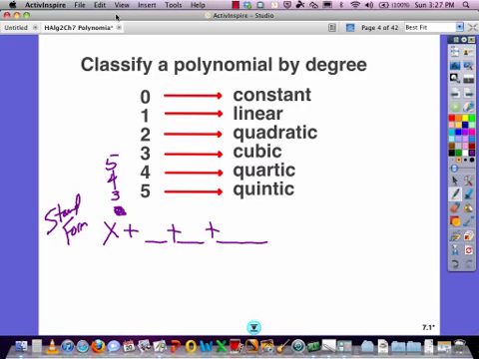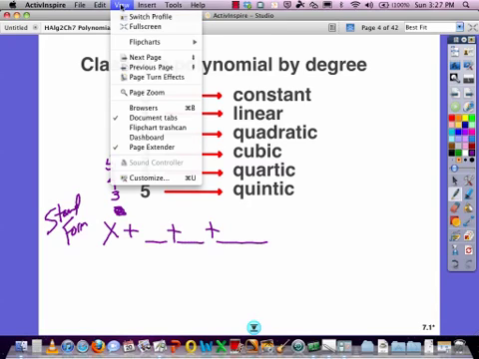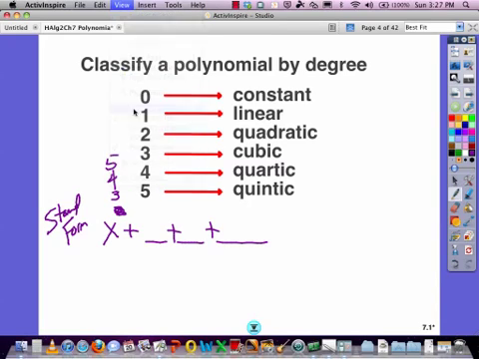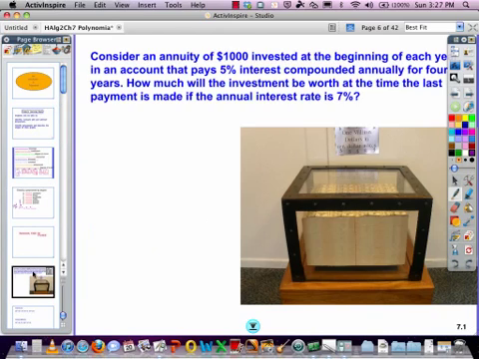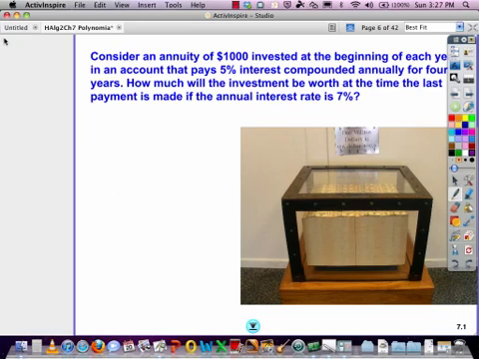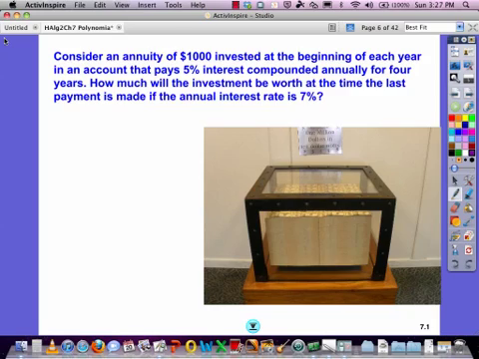We will be doing some adding, subtracting, different combinations here. So let's just go to this example. We have an annuity, $1,000 invested at the beginning of each year in an account that pays 5% interest compounded annually for 4 years.